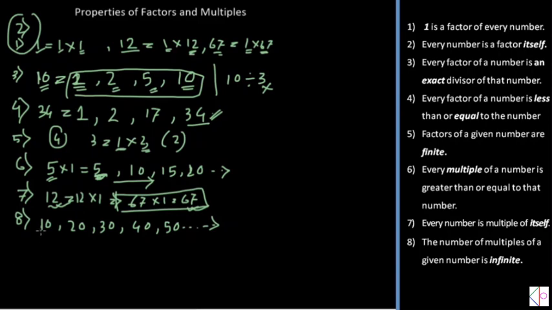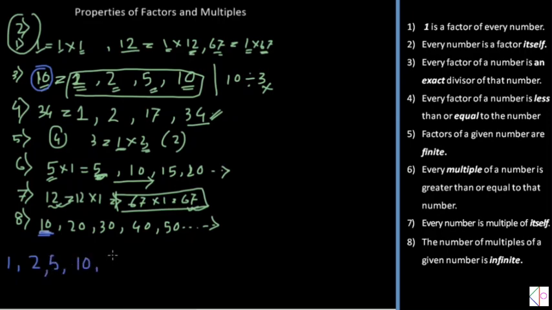Let us take examples to demonstrate what the factors and the multiples are and how they are related. Let us take the value 10, find out its factors and multiples, and write them in a proper way. Then we will get a better idea of what a multiple is and what a factor is. So the factors of 10 are 1, 2, 5 and 10.